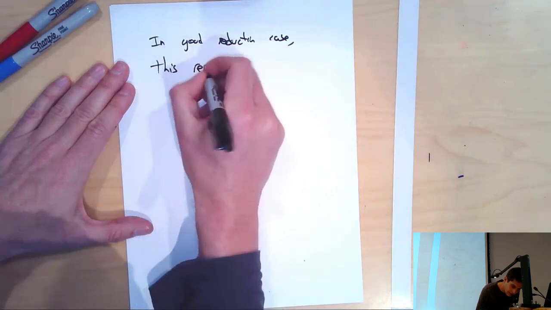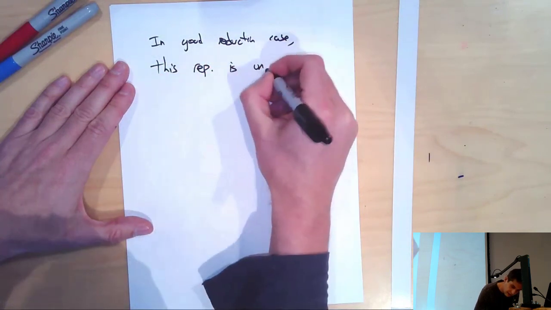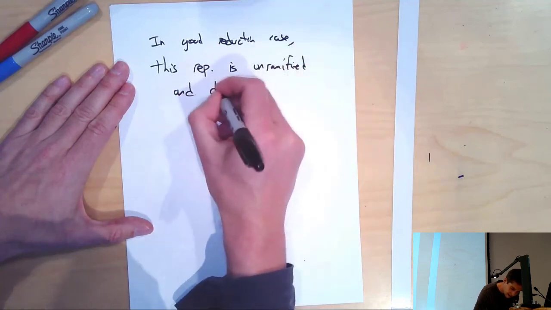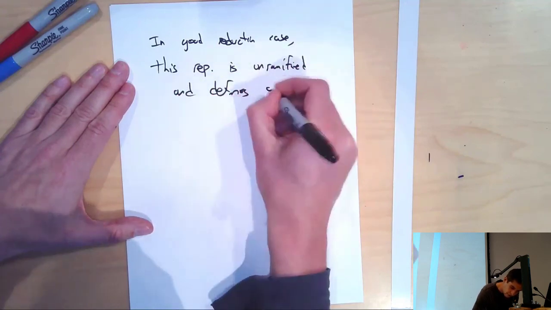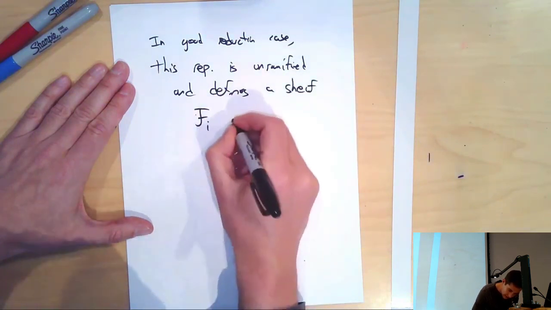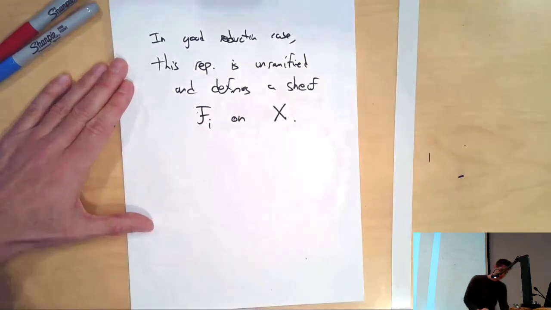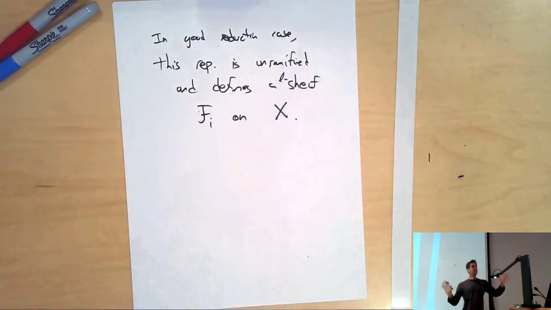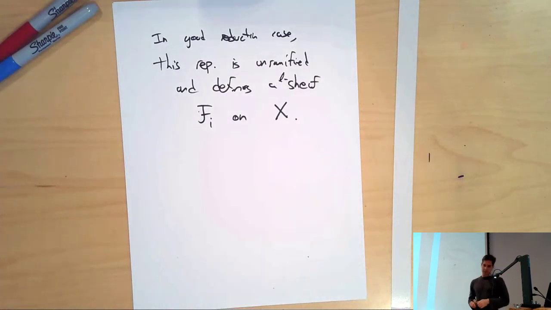This representation is unramified and defines a sheaf, let's call it F sub I, on X. An L-adic sheaf in the usual abelian category of L-adic sheaves.